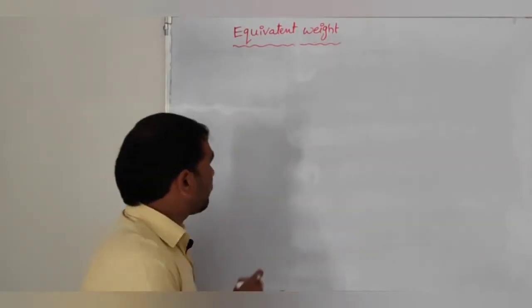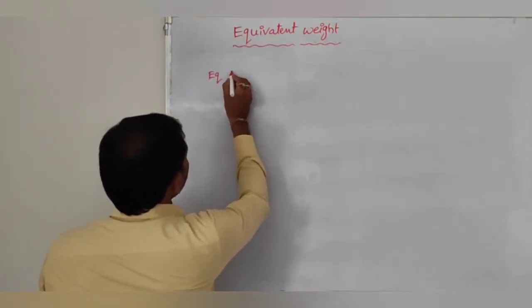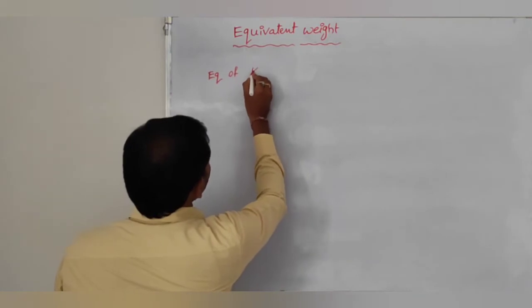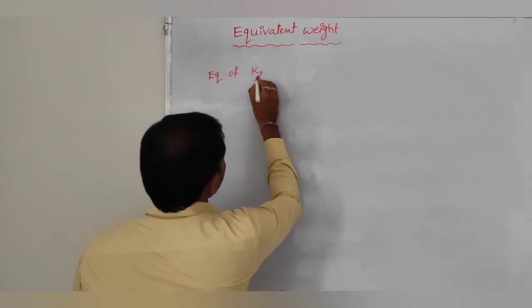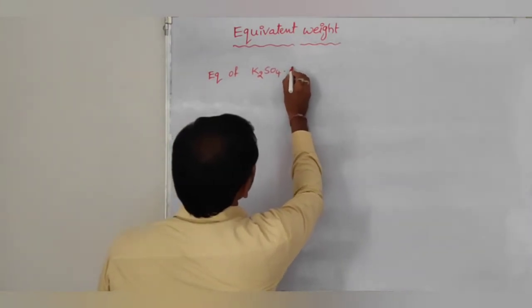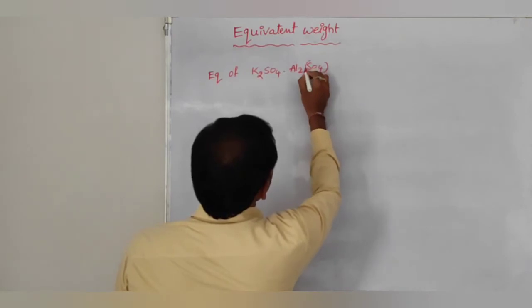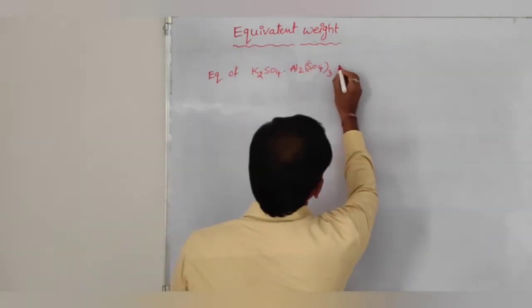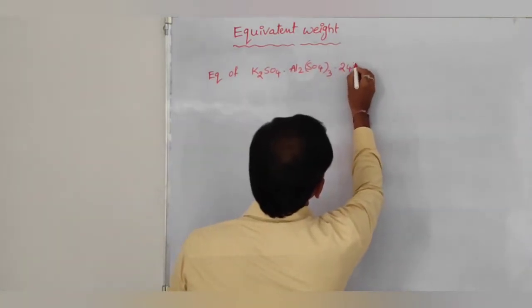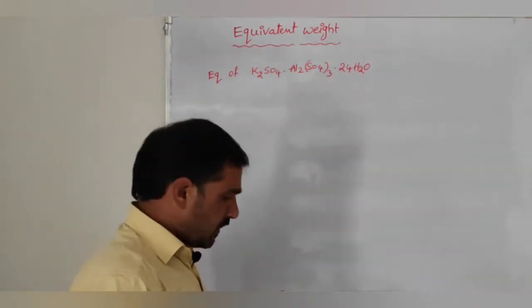Next example, equivalent weight of potash alum, that is K2SO4 dot Al2(SO4)3 dot 24H2O. This is potash alum.